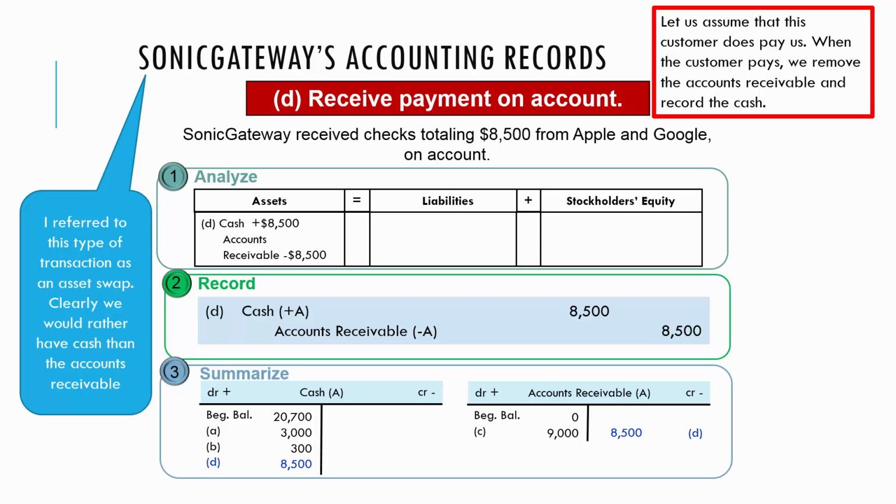Again, you're keeping track of your cash. You're also keeping track of your accounts receivable. We had 9,000 in accounts receivable in the previous transactions, and now we've received 8,500. So what is our balance in accounts receivable? Again, the rules are debits minus credits equal balance, and whichever of these is a greater amount will be where the balance goes.